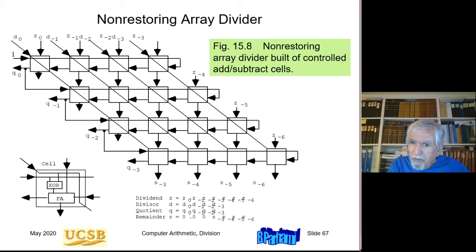Okay, so if Q0 is 0, by the way, in the first stage, we always subtract. The first operation is always subtraction, so there's a constant 1 tied into that line to tell the first row to do subtraction. But then the subsequent rows, depending on the value of the quotient digit in the previous cycle, do addition or subtraction.